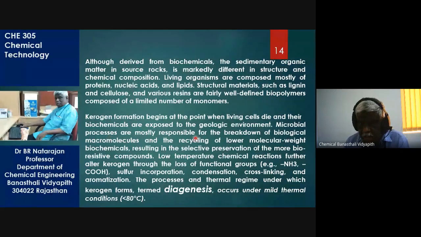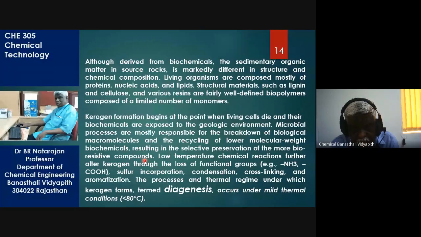Microbial processes are responsible. Now, microbes have not done much in coal formation, but microbes seem to have played a very extensive role, especially in the formation of oil. Microbial processes are mostly responsible for breakdown of biological macromolecules and the recycling of lower molecular weight biochemicals, resulting in selective preservation of more bioresistive compounds.